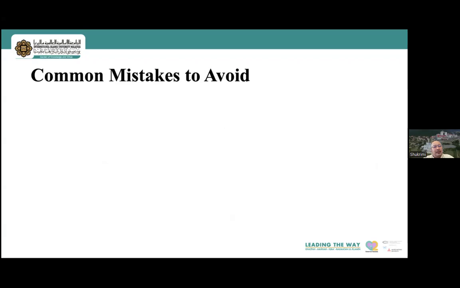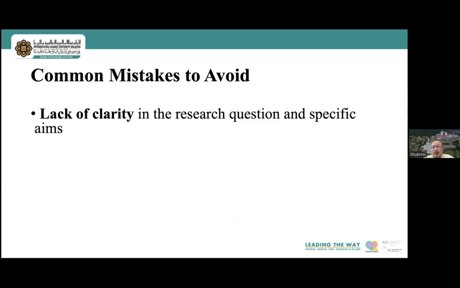So what are the common mistakes that we should avoid when we apply for a grant? Important that we must make sure that our grant doesn't have a lack of clarity in the research question. Sometimes the research question is very vague, very unclear. So how are you going to get the grant, right?